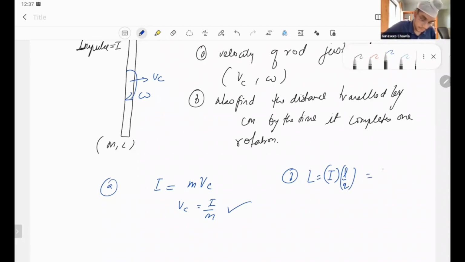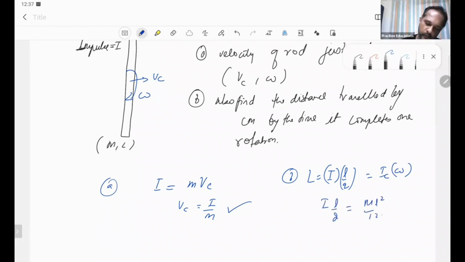And this is equal to moment of inertia about center of mass into omega. So I into L by 2 equals ML square by 12 into omega. So L gets cancelled out, 2, 6. So omega is 6I by ML.